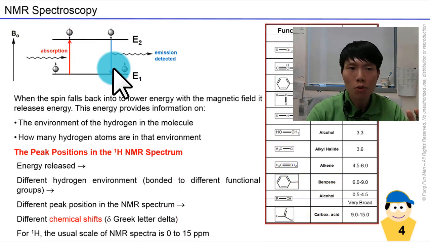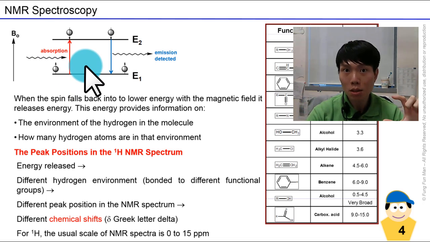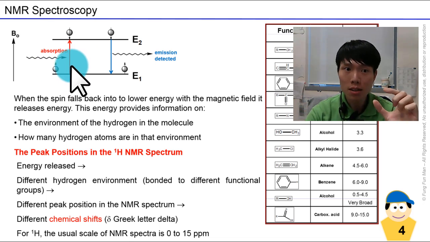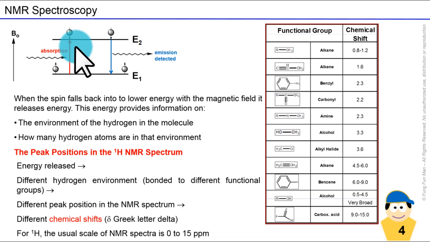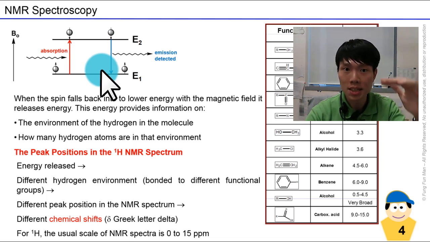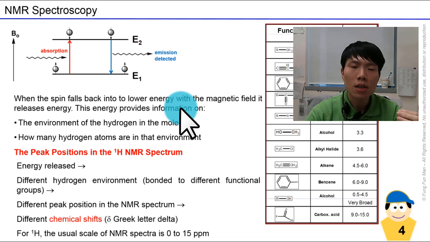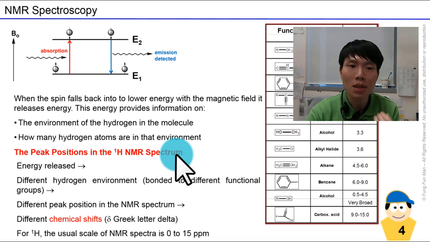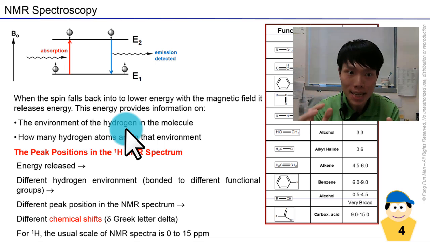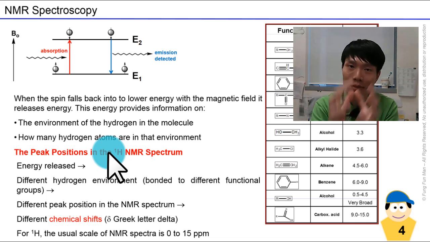Now we know that when we spam some radio waves, only the fixed amount of energy that fits that proton will cause a flip in the spin of that particular proton. Once it relaxes, we get the emission of the same amount of energy. So this energy that we measure can give us information about the environment of the hydrogen, and it also tells us how many hydrogen atoms are in that particular environment.